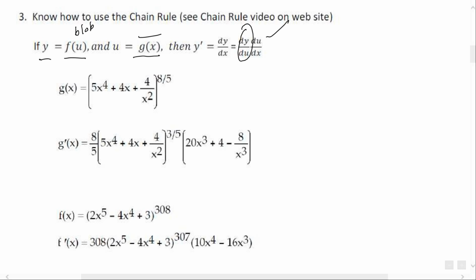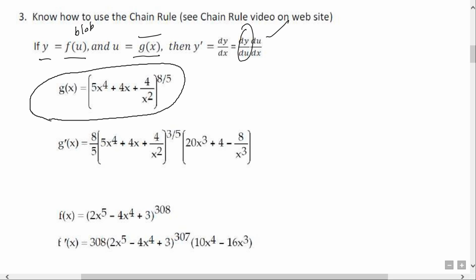So looking at this first problem, you can see that the u, or the blob, is going to be 5x fourth plus 4x plus 4 over x squared. So we're going to have to first of all take 8/5 times the blob, or u, 5x fourth plus 4x plus 4 over x squared to the 3/5 power.